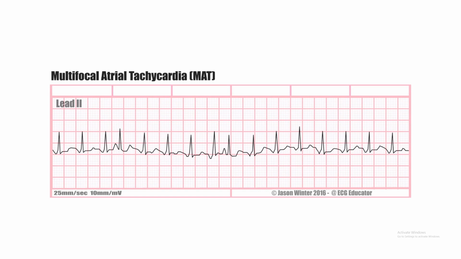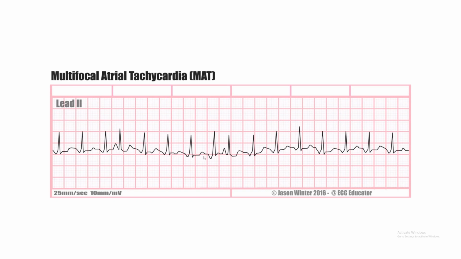So you're getting abnormal conduction from multiple different groups of foci within the atria, or abnormal pacemaker cells conducting irregular electrical activity. When you're looking at a rhythm of multifocal atrial tachycardia, you're going to notice that the P wave is going to vary. Your PRI is going to vary, and it's going to come in many different forms.